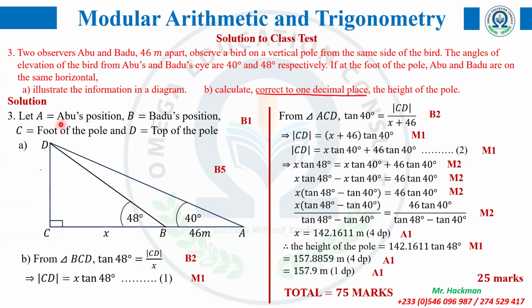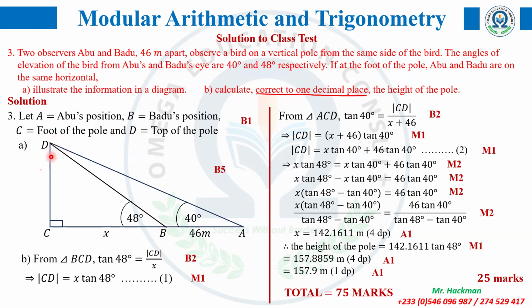Let A be Abu's position, B be Bedu's position, C be the foot of the pole, and D be the top of the pole. So this is what we have. You know that the bird is here, the top of the pole.